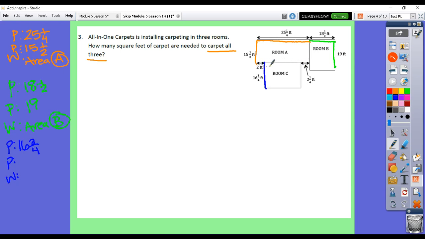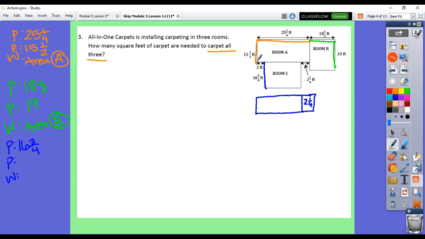But they've given me this side length and this side length. And we do know the total for room A. So if I were to draw this as a tape diagram, I'm going to try to make this the same length as room A. Draw a tape diagram. My kids know how much I love a tape diagram. So right here, the distance from here to here is 2 1/4 feet.